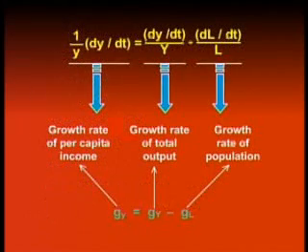But note that this left-hand side, which is d small y by dt over small y, is nothing but the growth rate of the per capita income. Why is it the growth rate? Because it's the instantaneous change in the per capita income, d small y by dt, divided by the level of the per capita income. And that's exactly the definition of a growth rate: change in the variable divided by the level of the variable.